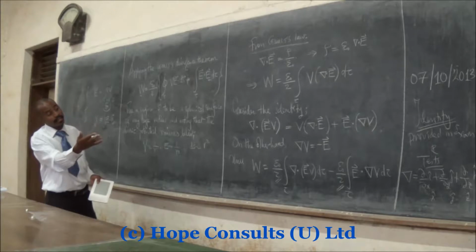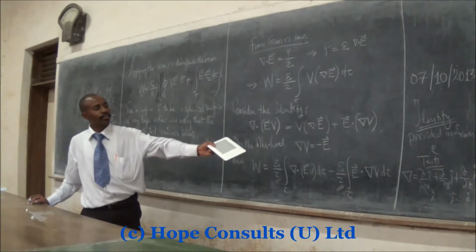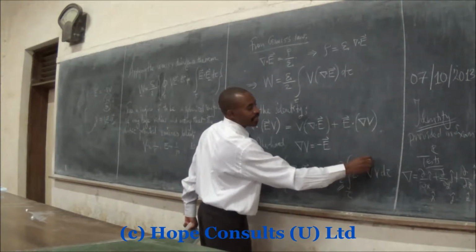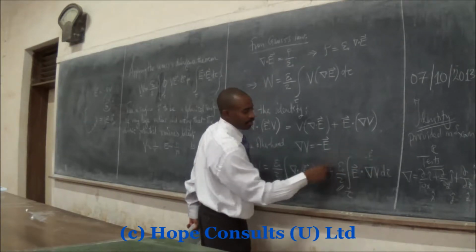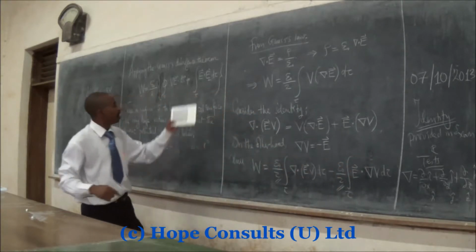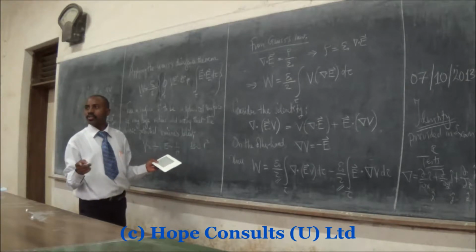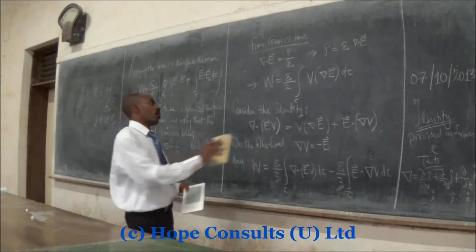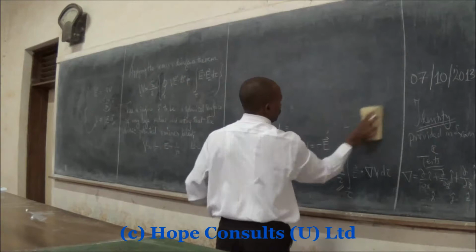And then the other part, we substituted for grad V as minus E. That minus came here and made it a plus and got an E dot E, which will eventually be E squared: magnitude of E times magnitude of E, cos of the angle between them, and the angle between them is 0.